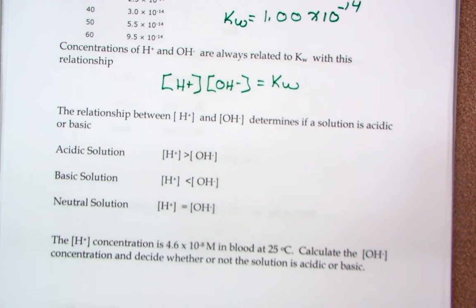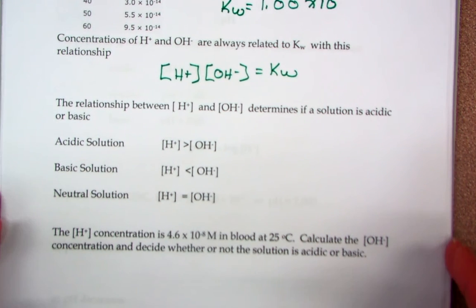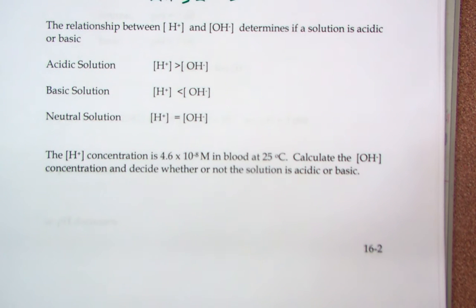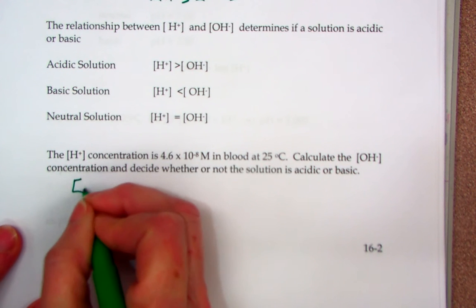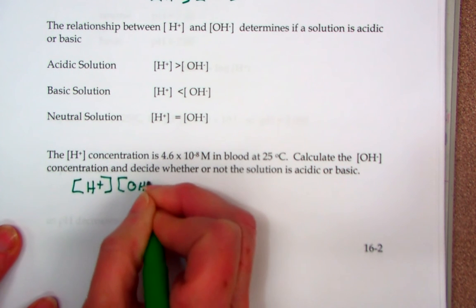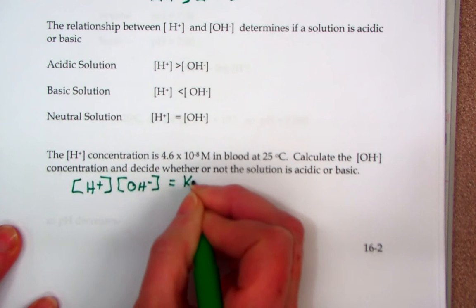So let's look at a typical problem that you might encounter. The hydrogen ion concentration is 4.6 times 10 to the negative 8th molar in blood at 25 degrees C. Calculate the hydroxide concentration and decide whether or not it's acidic or basic. Well, we know that the hydrogen concentration times the hydroxide concentration is equal to Kw.